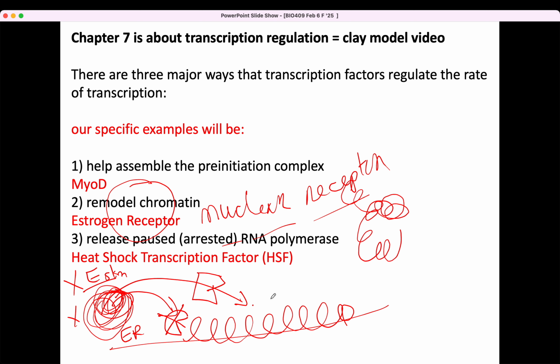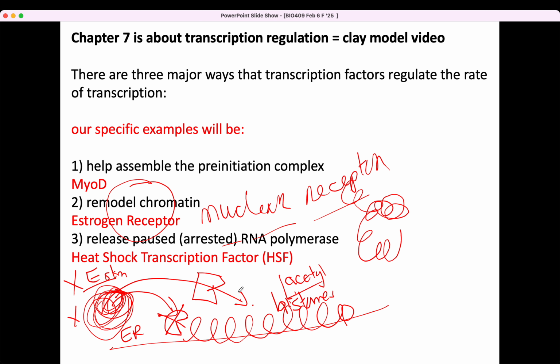There are proteins along here that we'll learn about called histones, and those are the target proteins for this enzyme. In the absence of estrogen, the enzyme removes an acetyl group from histones, and they just naturally fold up tighter and pack the gene away.